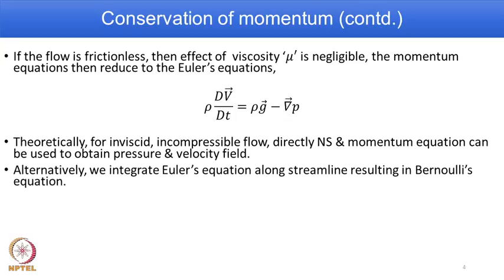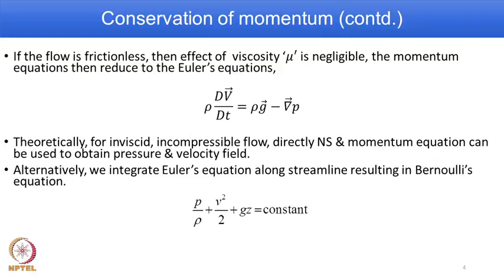You can also integrate this Euler equation along a streamline, and after some simplification it results in what is known as Bernoulli's equation, given here: P by rho plus V squared by 2 plus g Z equal to constant. We know Bernoulli's equation is an energy equation. So, you get a pressure energy, kinetic energy or velocity energy, and potential energy.